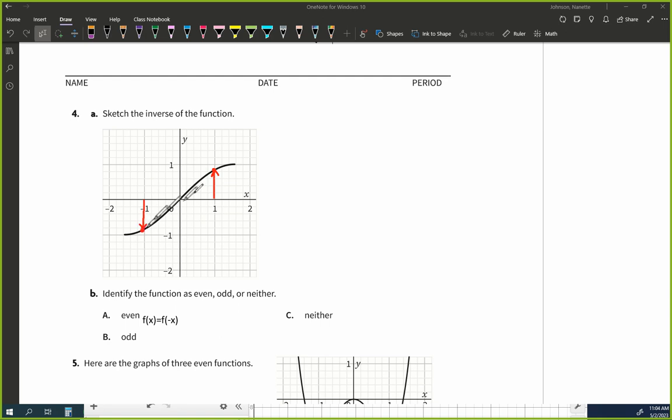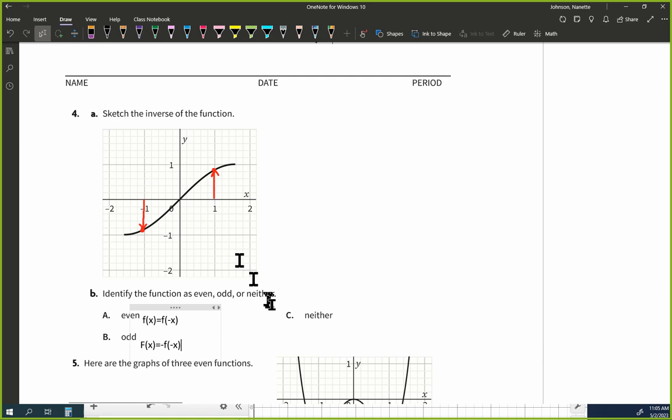I want you to compare those two numbers. If they're the same, then we call them even. If they're the opposite, this is odd: f of x is equal to negative f of negative x.